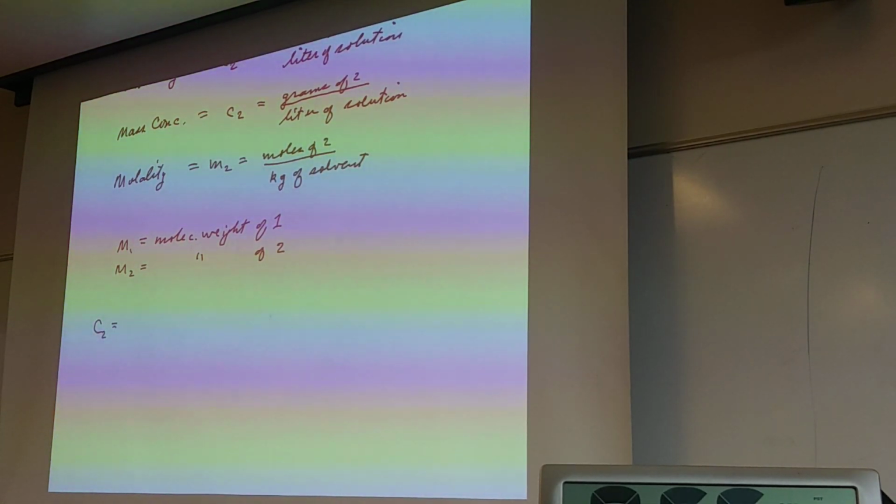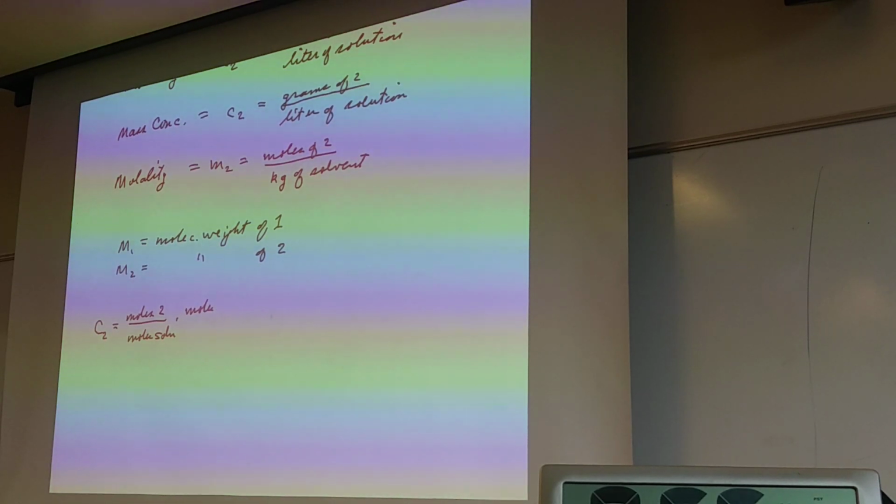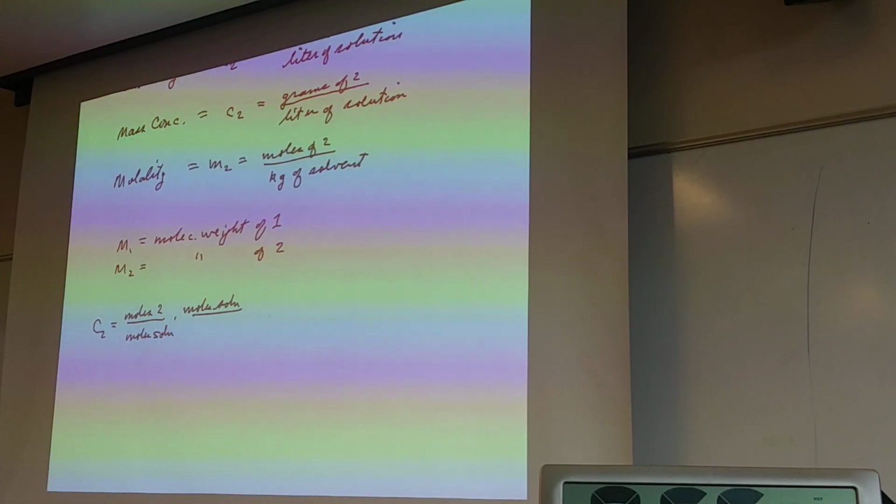So C2 here is, and here's where I really wish I had a board, but I've got limited space here to work. So we'll see how it goes. We got moles of 2 per moles of solution times moles of solution over liter of solution.